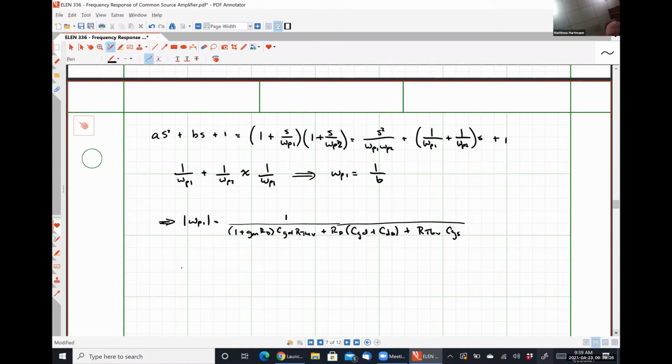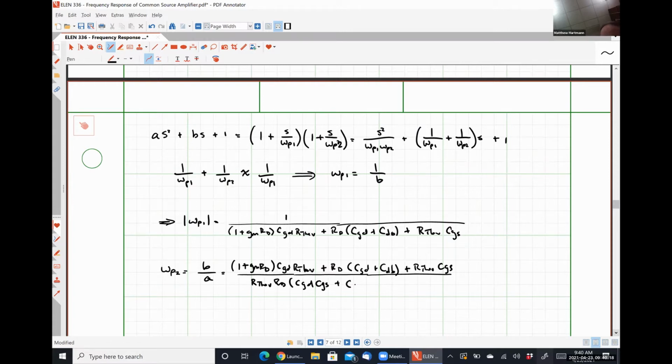That means omega P2 is going to be B over A, which is going to be 1 plus GM RD times CGD, RThev plus RD times CGD plus CDB, plus RThev CGS, divided by RThev times RD times CGD CGS plus CDB CGD plus CDB CGS.